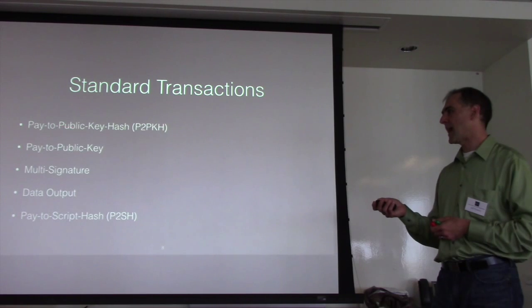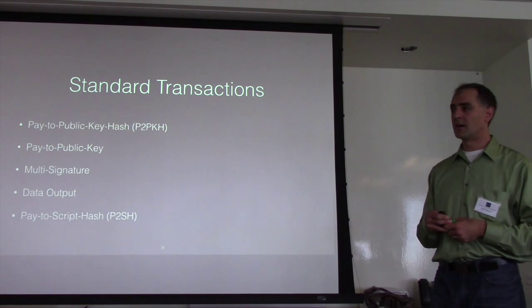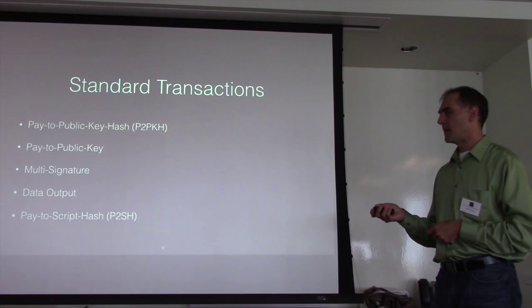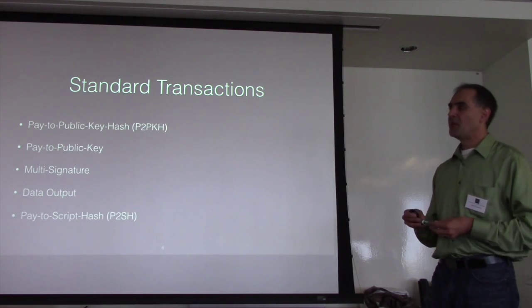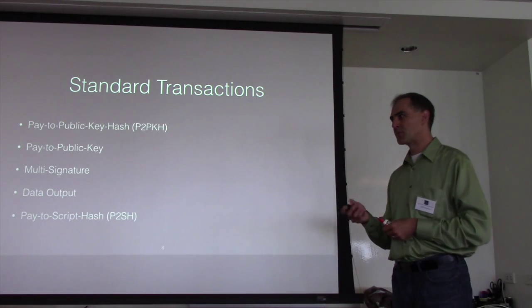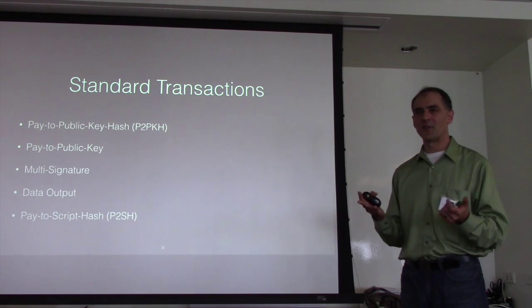The pay to public key hash; pay to public key, which is deprecated and not used as much; multi-signature, which everyone's doing, and which I think is probably the most secure and safest, because it's much easier to lose control of your Bitcoin through loss of a passphrase or key than anything else.